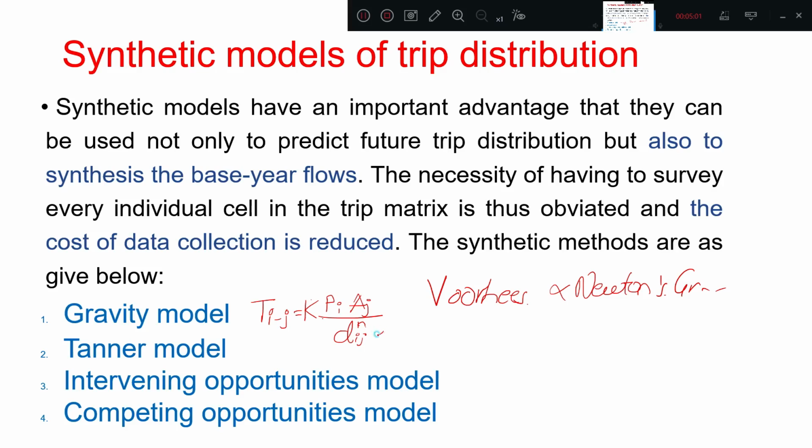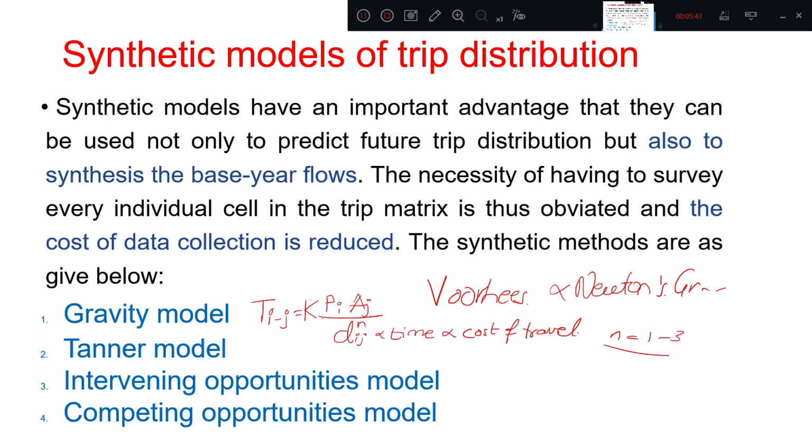which may be dependent on time, or it may be dependent on the cost of travel, whichever factor we consider. And K is a constant, usually dependent on the origin I, and n is an exponential constant whose value lies between 1 and 3.